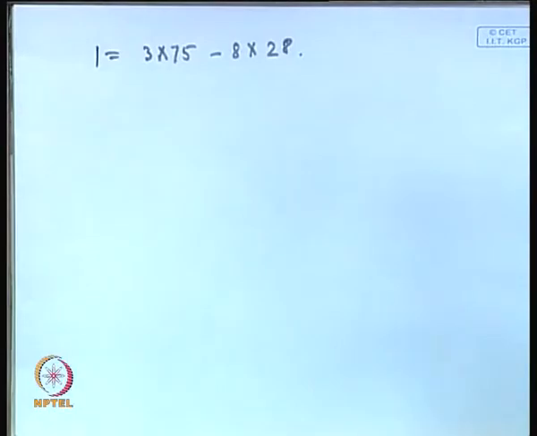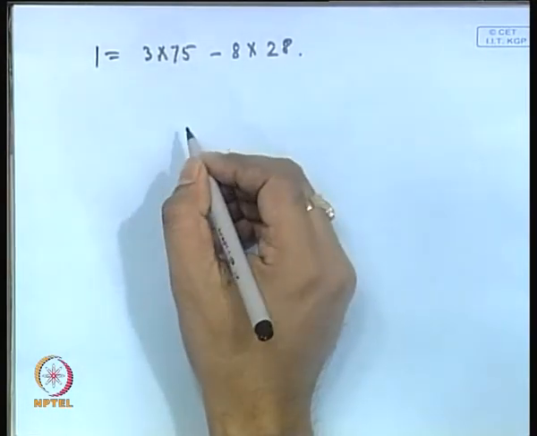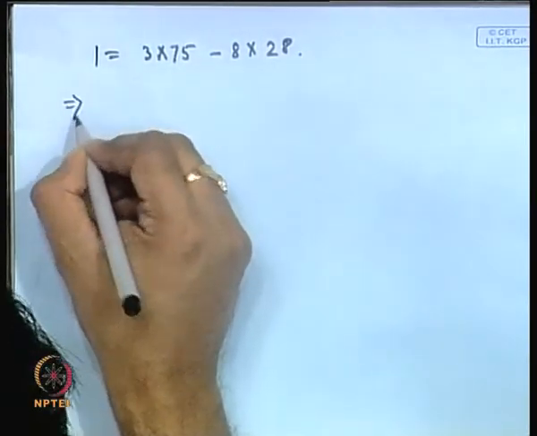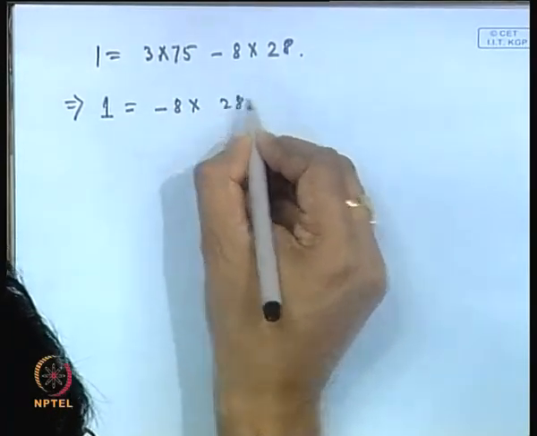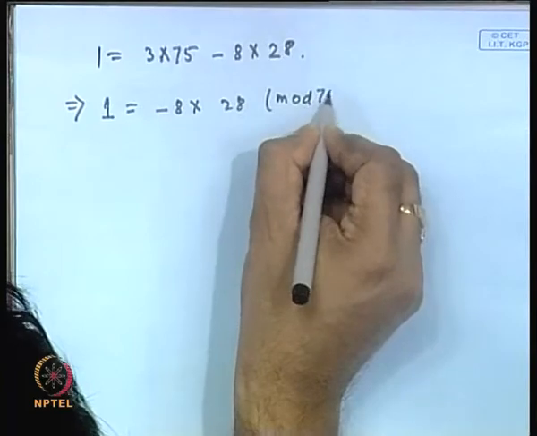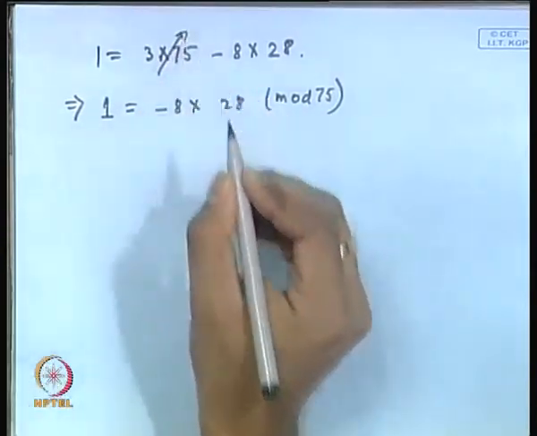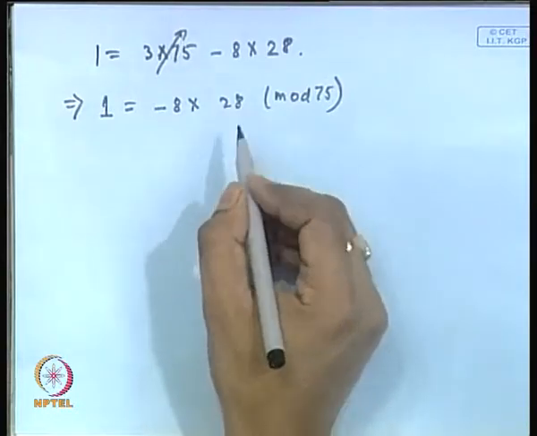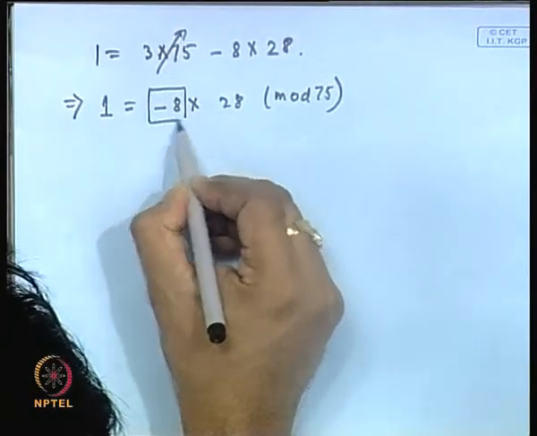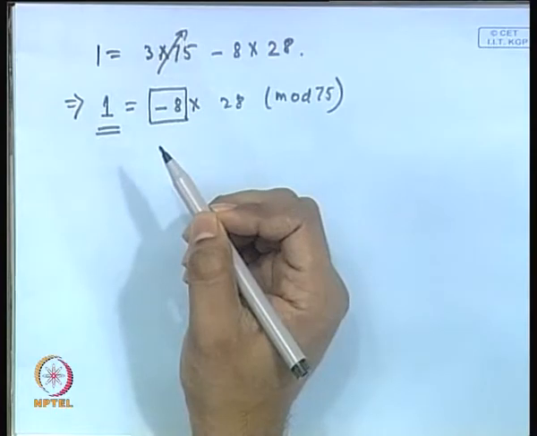So, now suppose I take a modulo 75 on both sides. So, what do I get? I get 1 equal to minus 8 into 28 mod 75, right, because this term goes to 0 in that case. So, now what is the multiplicative inverse of 28? It is minus 8, because if I multiply it with minus 8, I get back 1, right.